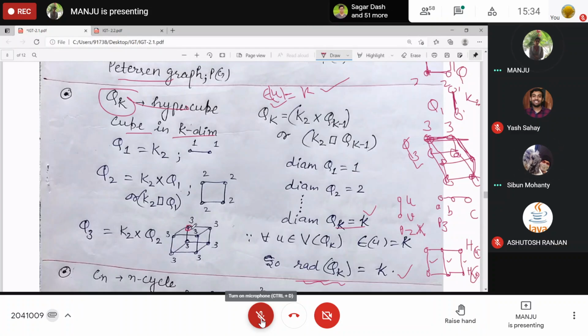Yeah, this one with this one it is 1. But what about the range? Minimum range, you can just say. Or what should I say? You got the eccentricity for all the vertices, and the minimum eccentricity among all of these gives you the radius, and the maximum eccentricity gives you the diameter. That is the definition. Yes, ma'am. So that's why it is coming as 3, 3, 3. Yeah, what about C3?